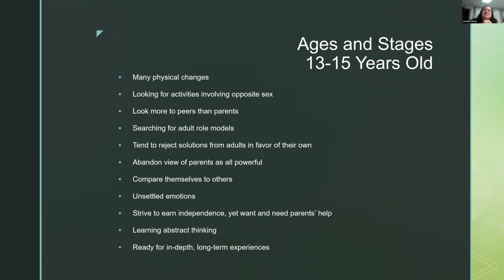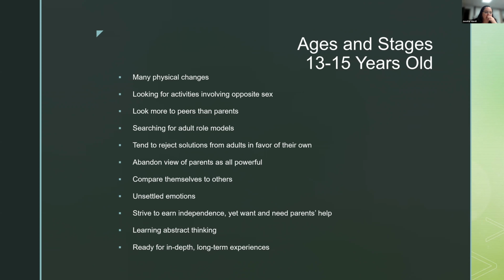It's a challenge because those emotions are all over the place. They're wanting to learn to be independent, but they still want and need their parents' help. They may not say that right out loud, but they do want that. And they're learning more about abstract thinking, ready for that in-depth long-term experience.